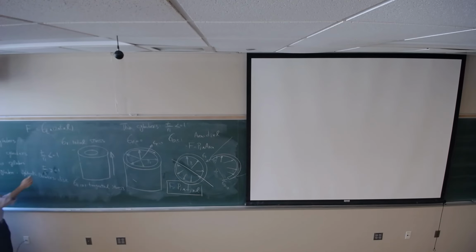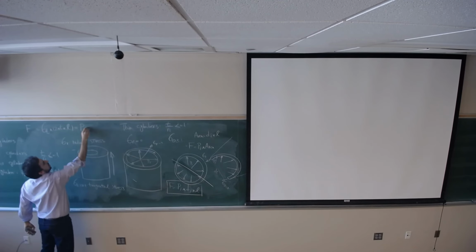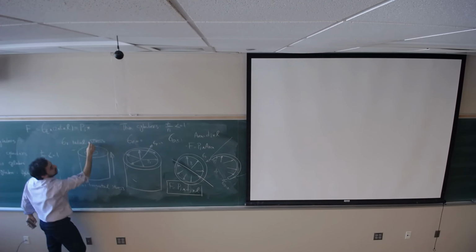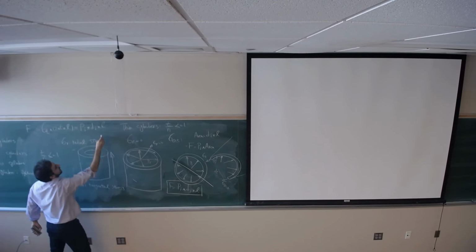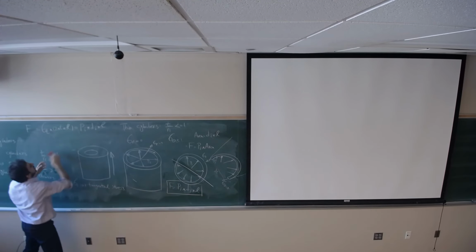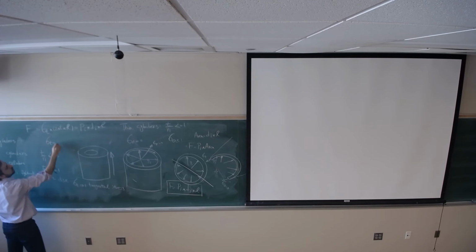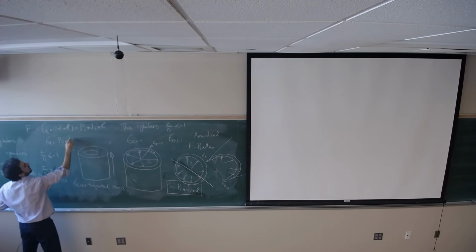So if you equate these two forces, because they should be the same, I can cancel out the L. Sigma tangential would be Pi times Di divided by 2 times T.